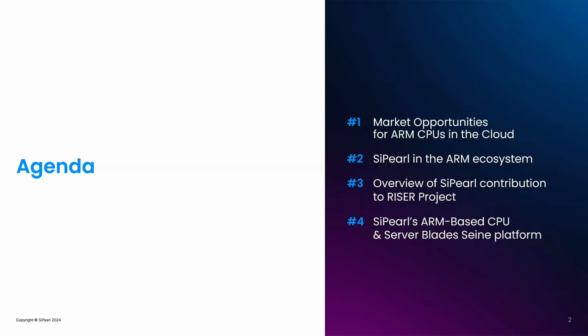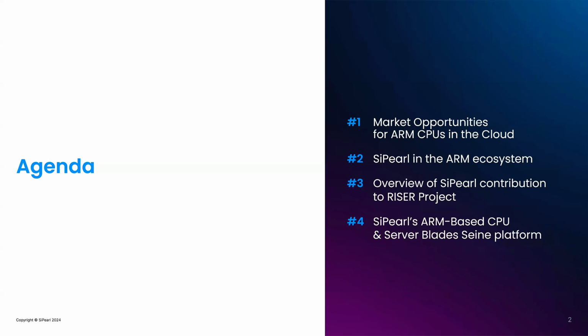The presentation today will be split into 4 different parts. First, we will see the market opportunities in the server, with a particular focus on ARM CPU in the cloud. Then we will see the role that SiPearl plays in the ARM ecosystem, and what the ARM ecosystem is in terms of software and hardware.